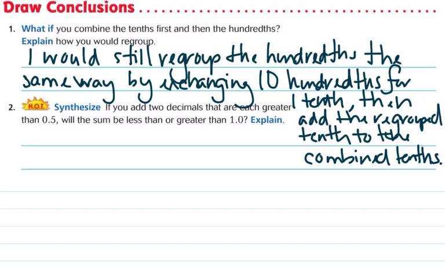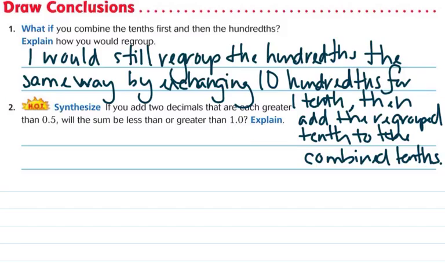So now, boys and girls, we're going to go to the hot question. This word synthesize means to really think and explore these ideas in your head. It says, if you add two decimals that are each greater than 5 tenths, will the sum be less or greater than 1?